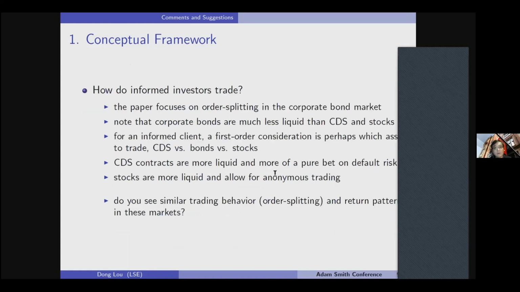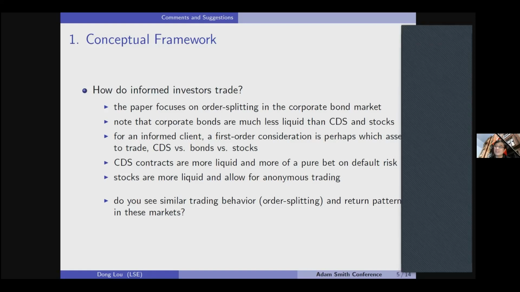Well, the second point on this conceptual framework is more from sort of investor perspective, right? How do informed investors trade? Well, the paper focuses on the trading decision, the trading behavior in the corporate bond market. Now, remember that corporate bonds are much less liquid than CDS and stocks, right? For an informed investor, I would argue a first order consideration is which asset, which security to trade.